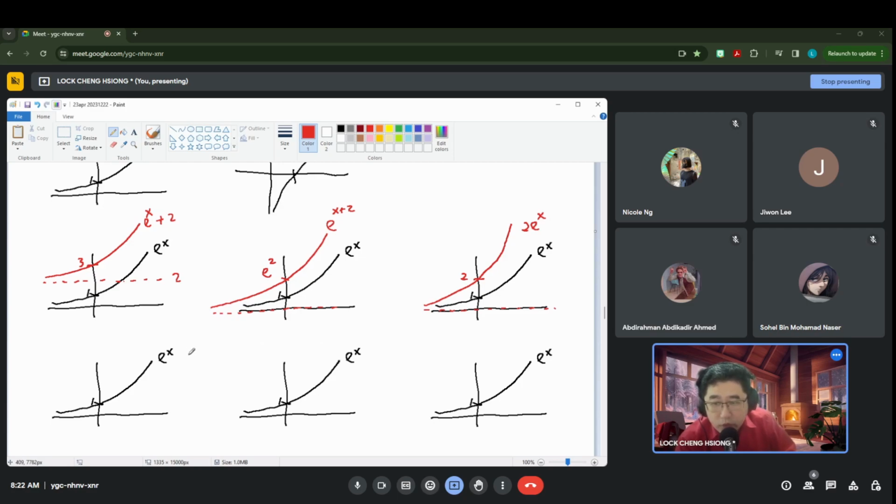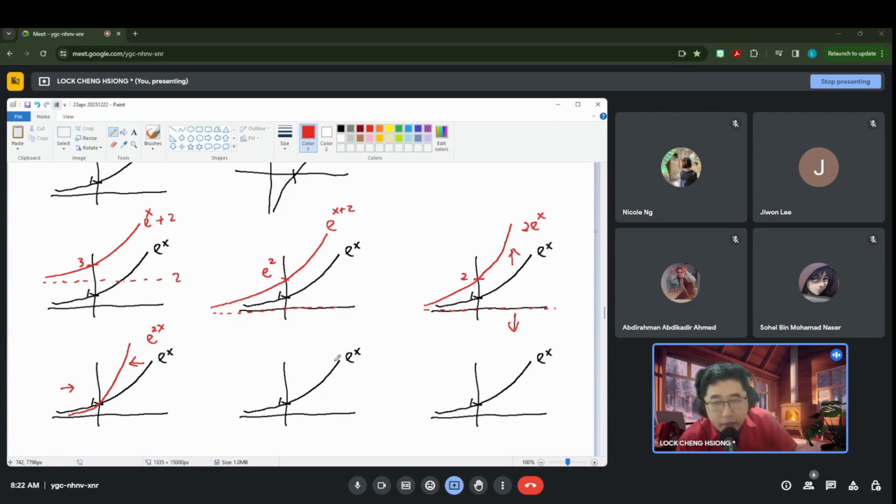If you have e to the power of 2x, then it will become like this, because of the horizontal compression. This one is pulling in. This will be e^(2x).